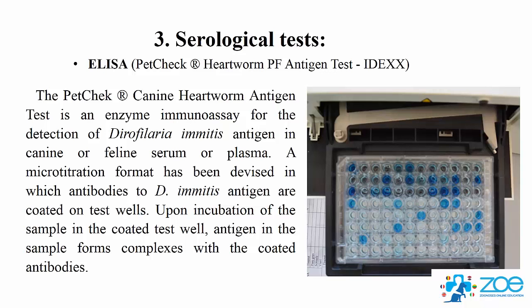The PET-check canine heartworm antigen test is an enzyme immunoassay for the detection of Dirofilaria immitis antigen in canine or feline serum or plasma. A microtitration format has been devised in which antibodies to D. immitis antigen are coated on test wells. Upon incubation of the sample in the coated test well, antigen in the sample forms complexes with the coated antibodies.